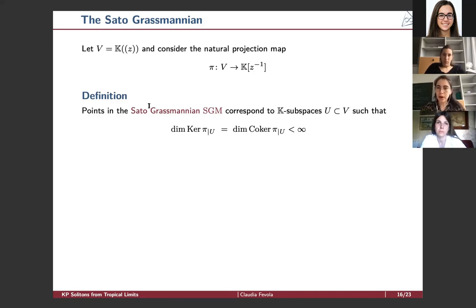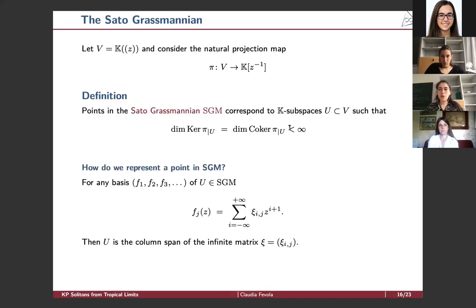The points in the Sato Grassmannian correspond to the subspaces U in V such that the kernel and the cokernel of the map pi restricted to U are both finite-dimensional, with the same dimension.